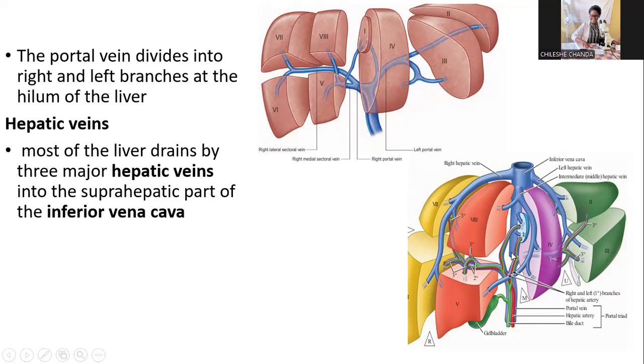After it drains the rest of the liver, this blood will be drained into three major veins: the right hepatic vein, the intermediate hepatic vein, and the left hepatic vein. These three will drain into the inferior vena cava.